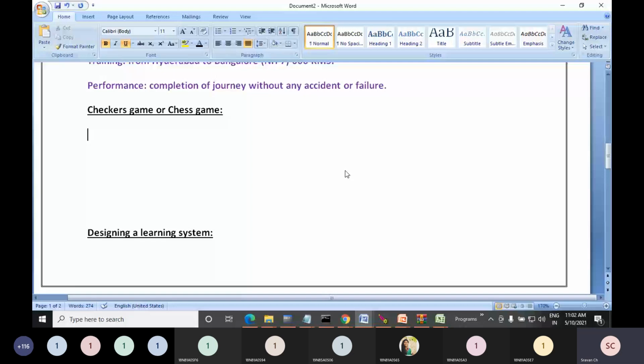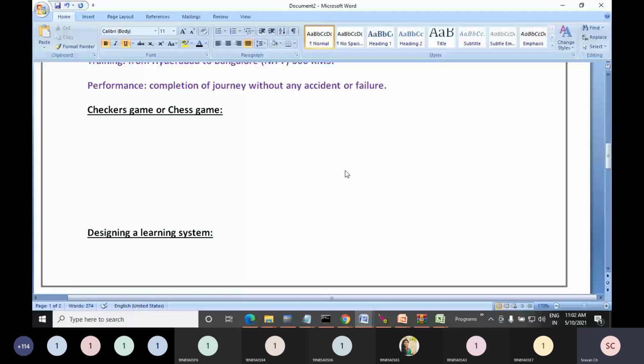Just like the way humans can think and play the game, similarly the computer should also think, make intelligent moves, learn how to play chess, and win the game. So it means that I want a computer to think like a human. That is our fundamental concept of artificial intelligence.